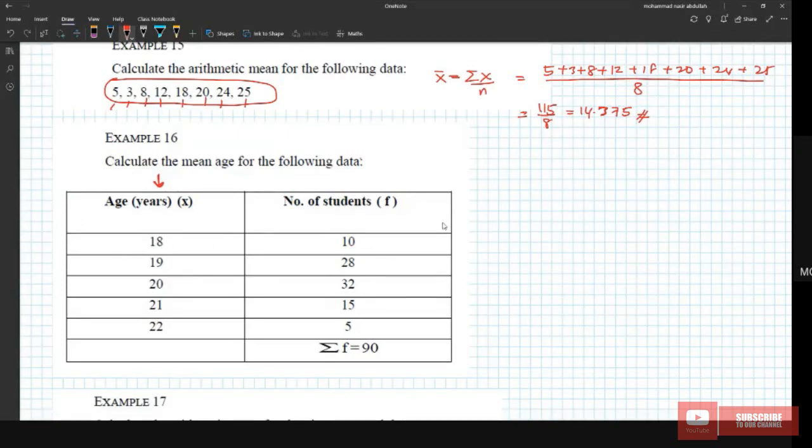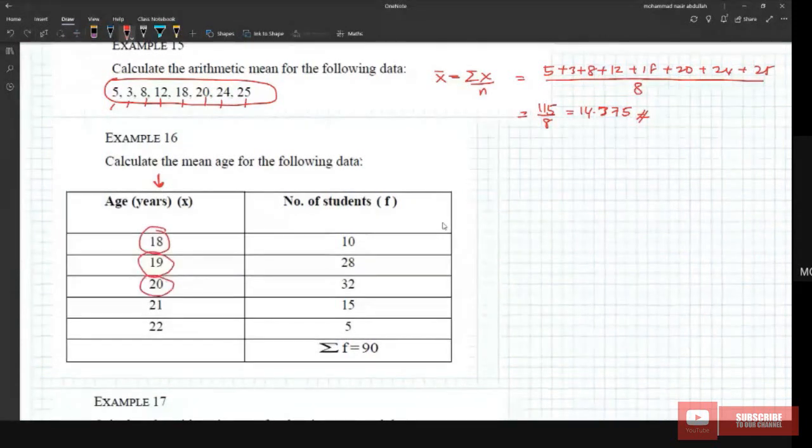In this age column, we don't have a class size, we have unique values such as 18, 19, 20, 21 until 22. So we don't have a class size, and we will represent this as x.